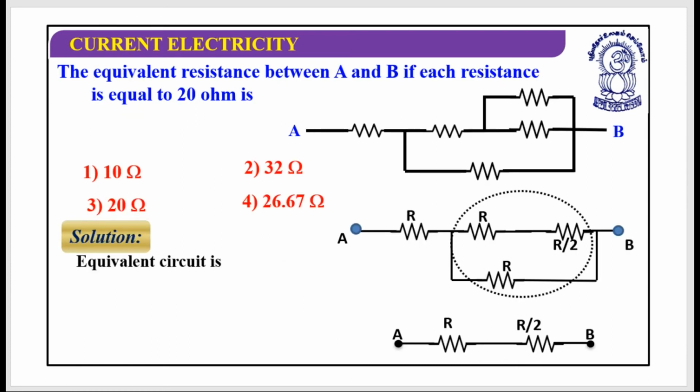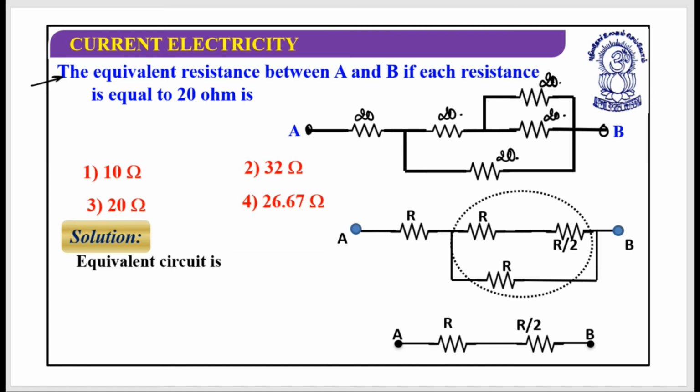What is the equivalent resistance between A and B if each resistance is equal to 20 ohms? So these are all 20 ohms: 20, 20, 20, 20, 20, something like this.